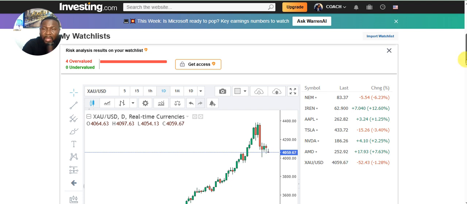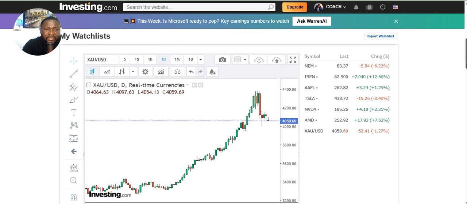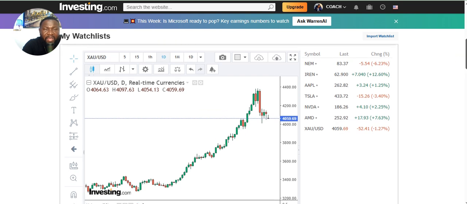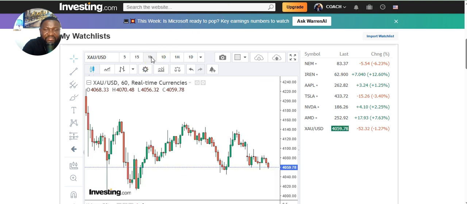Now you see it also has a live chart that you can use for your day-to-day analysis. This is good, and I'm using it to analyze gold. As for the technicals, I'll explain that to you later.